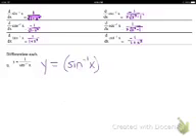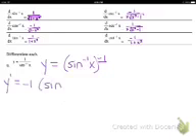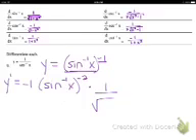Okay, so instead of using the quotient rule, I could write this as sine inverse to the -1 power. Now the outside function would be the -1 power, so I would bring that down. So the derivative would be -1 times sine inverse of x to the -2 power times the derivative of sine inverse, which is 1 over the square root of 1 minus x squared.